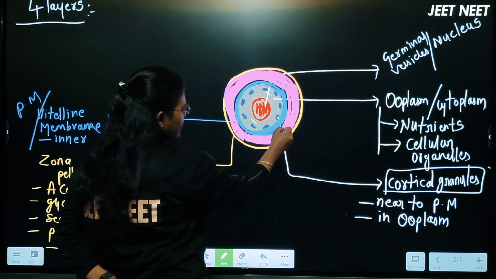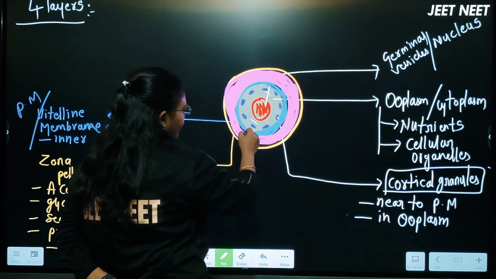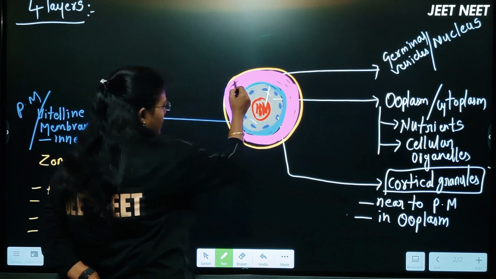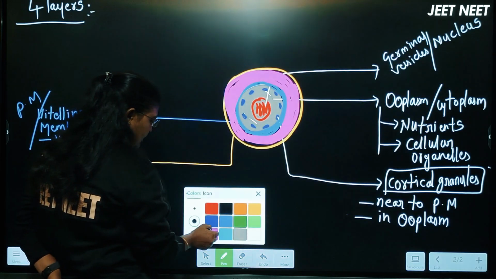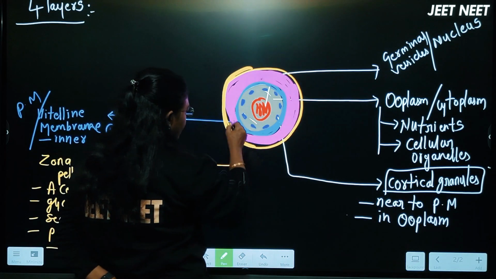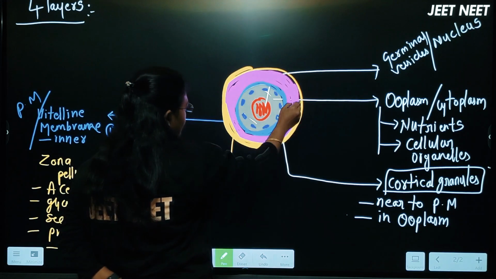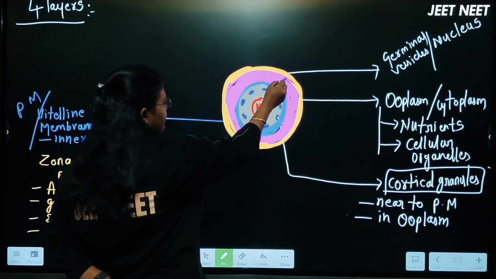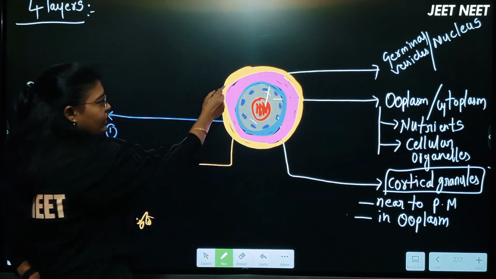I hope in the NCERT also they have given the perivitelline space with pink color only, and they have given the zona pellucida with a green colored line, if I am not wrong. You can observe that in the NCERT. If you have the NCERT in front of you, please check that point beta.